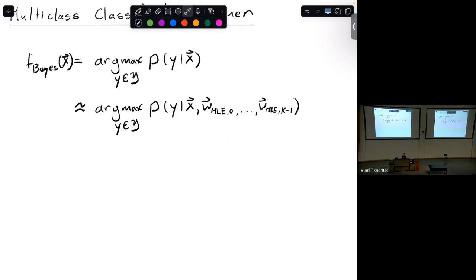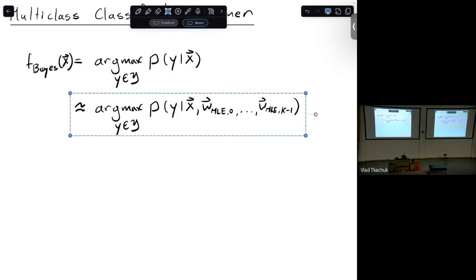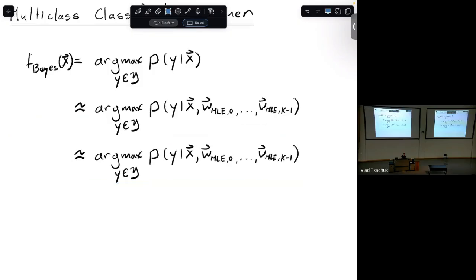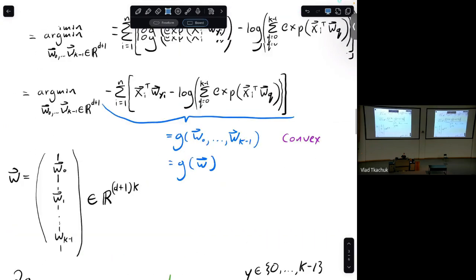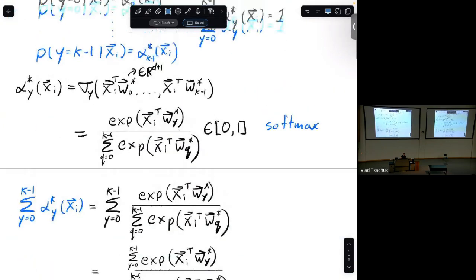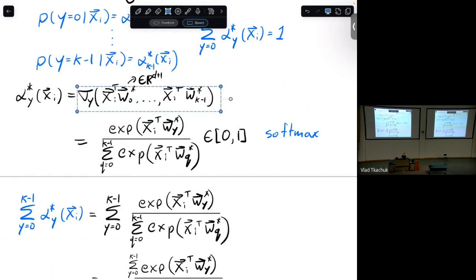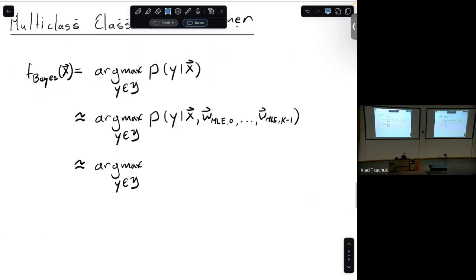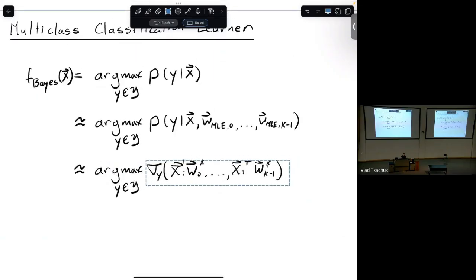And then I can remind you what this function is. This function is simply that softmax that we have up here. It's just this thing, but with W star replaced with W MLE. This was just by assumption.